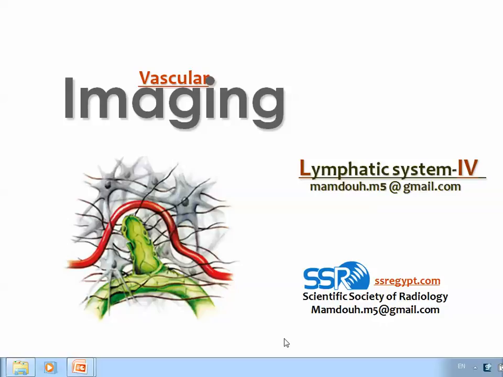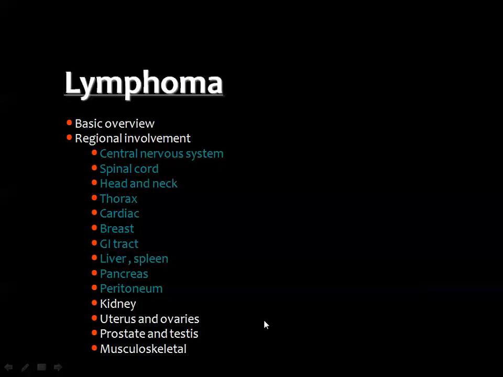Dear colleagues, we will continue the subject of lymphatic imaging, and this is the final talk about the lymphoma. You remember we have finished the lymphoma of the CNS, spinal cord, head and neck, the thorax, the heart, the breast, gastrointestinal tract, liver, spleen, pancreas, and peritoneum.